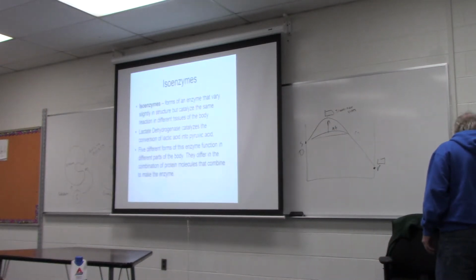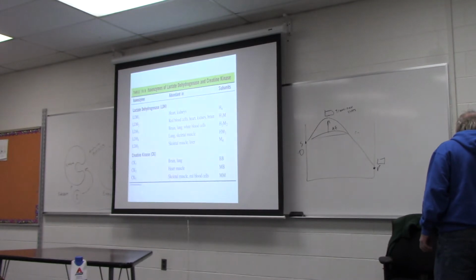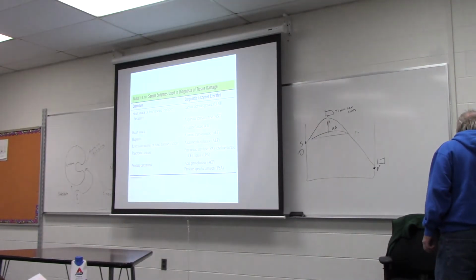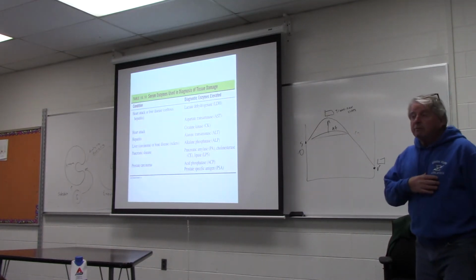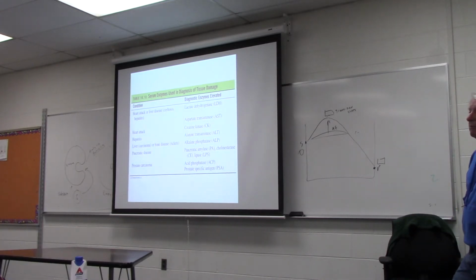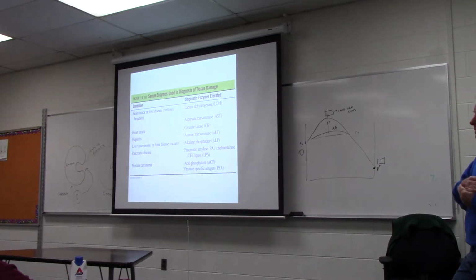Okay, and the last thing is blood markers, serum enzymes. So when you get blood work done, and this probably relates to a lot of what you do, if there's some sort of tissue damage inside your body, a good way to find out where it is is to do blood work.